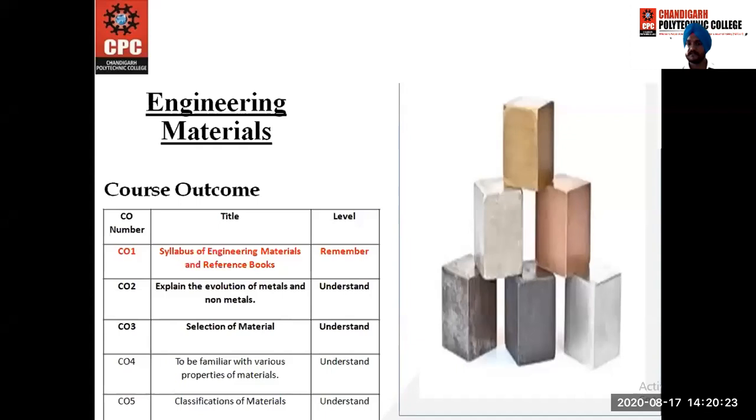Next, we will explain the evolution of metals and non-metals, then selection of material, then familiarity with the various properties of material, what the different materials are, then classification of materials. So we will discuss all of these in this chapter in the PPT.